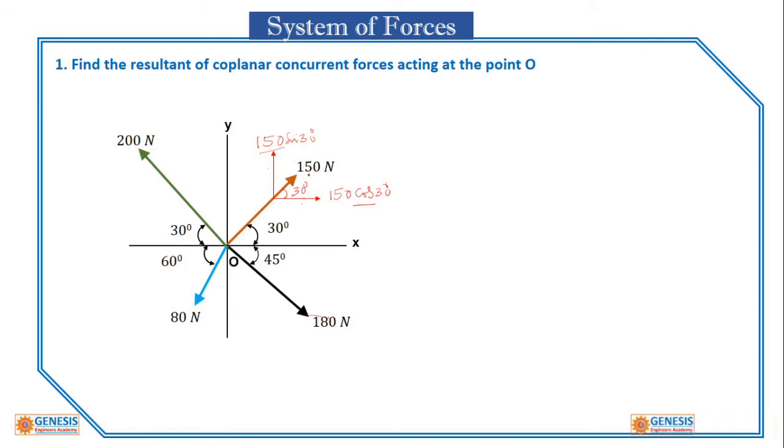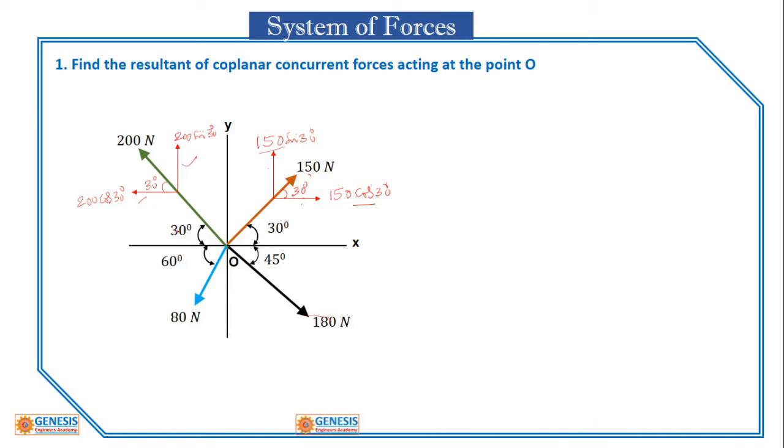Now if I move on to this force, this is the angle 30 degrees, and this becomes 200 cos 30 degrees, and this becomes 200 sin 30 degrees. So this is vertical component, this is horizontal component.